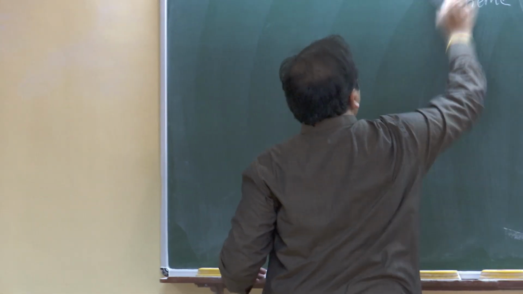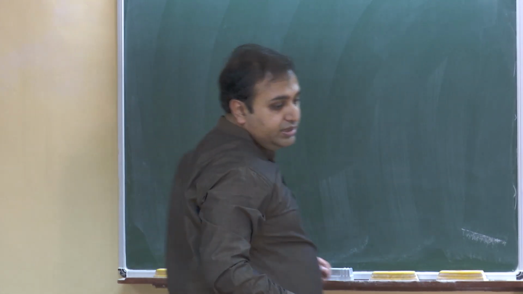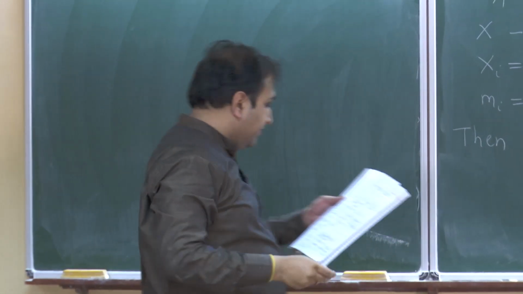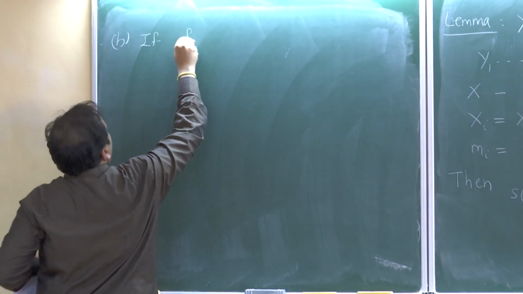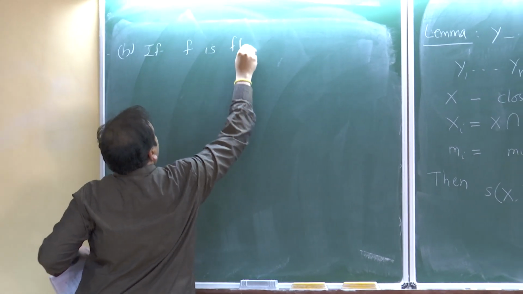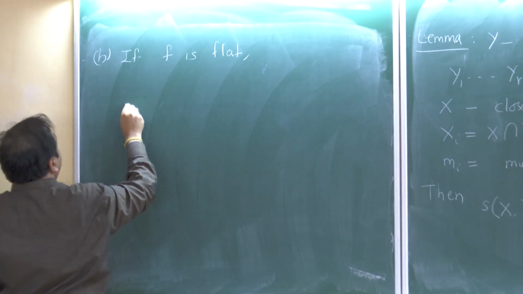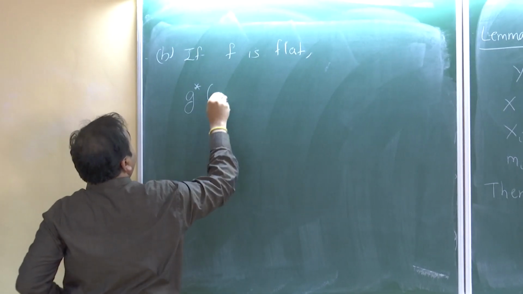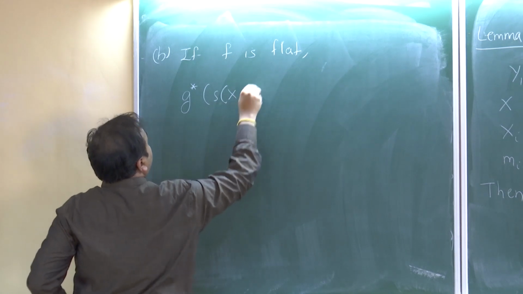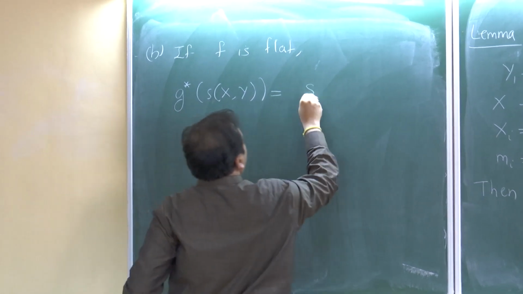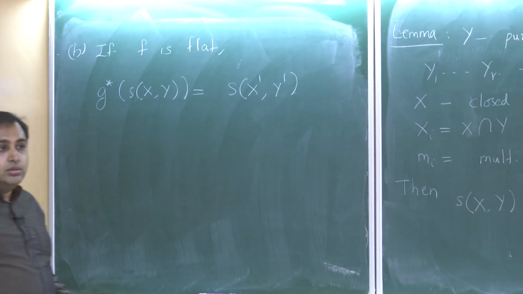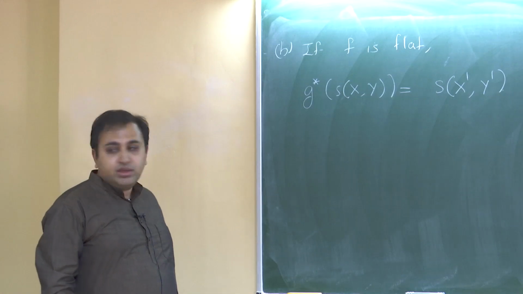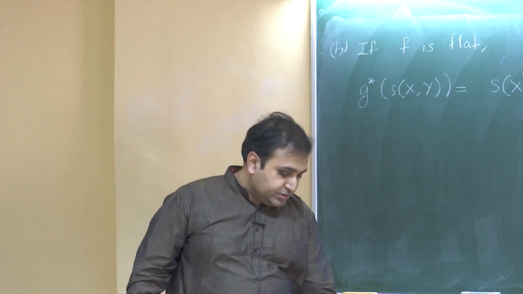That's also something we'll talk about. And finally, if f is flat, then also this behaves well. So that's what we will do. Okay, any questions? Okay, so let's stop for now.